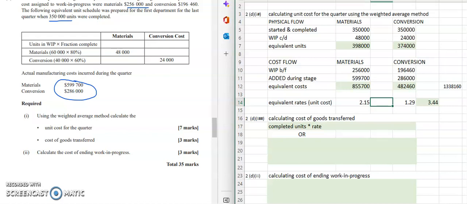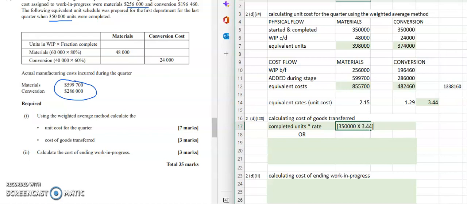So the next part was, okay, so how much was the cost of the goods that were transferred? So we obviously will transfer the completed goods. So the completed goods were 350,000. So let's put in that. So 350, 1, 2, 3. And we're going to multiply that by the rate, 3.44.